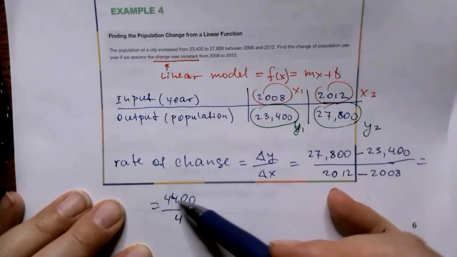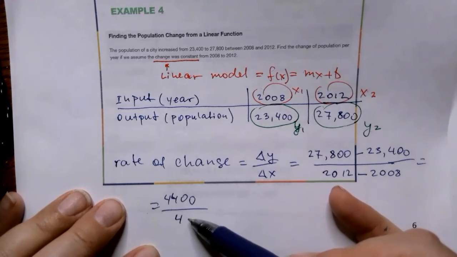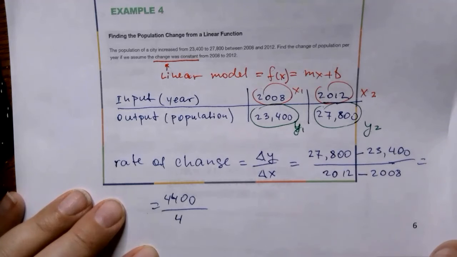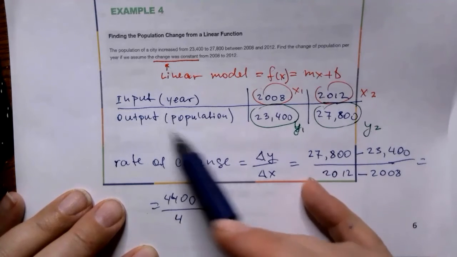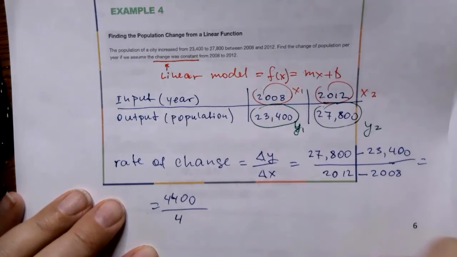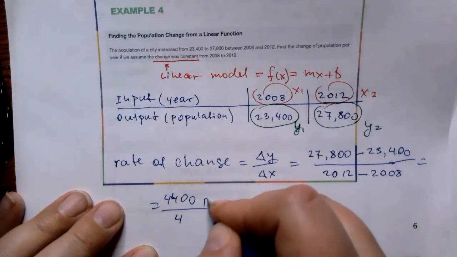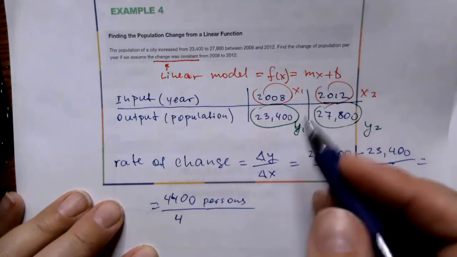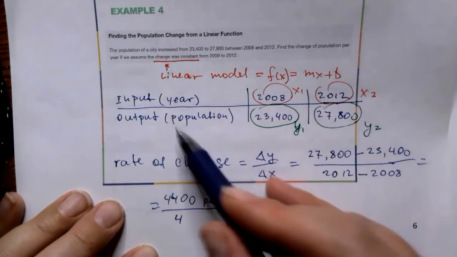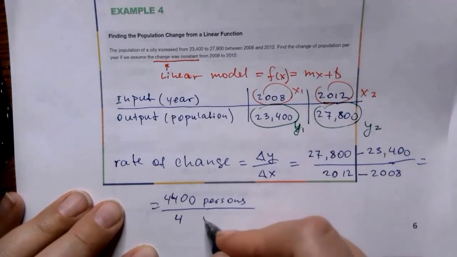Okay, let's calculate that rate of change. Okay, and I got 4,400 over 4. Let's put units to it. So the y is our population. So what are the units? Persons. And on the bottom, the input was in years.